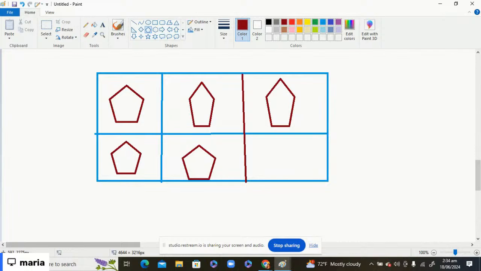So how many total shapes? These are one, two, three, four, and five. My shape, when I count, total are five. When you guys count it, please, and then tell me, is it five or six? Is it five or six?